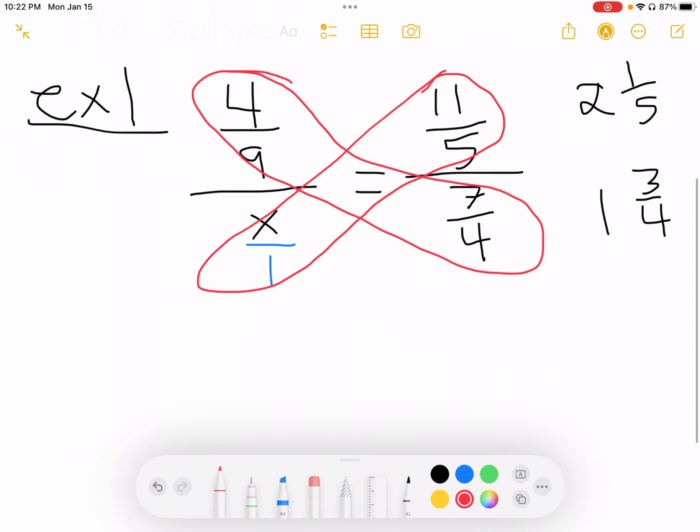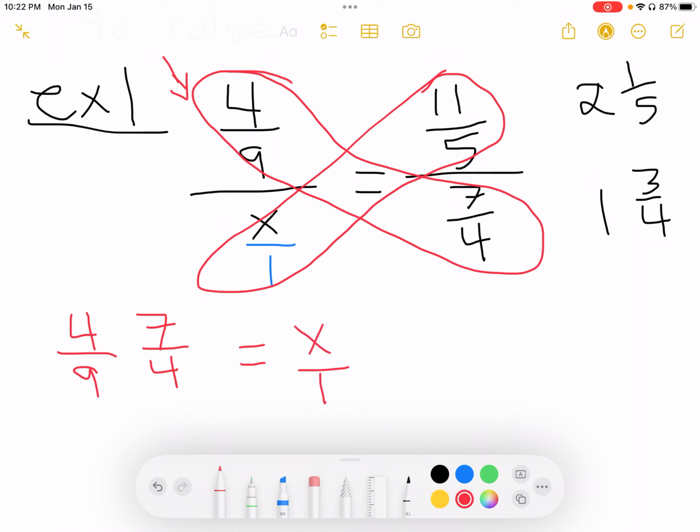So I'll do this one first. I have 4/9 times 7/4, and then I have equal to x over 1 times 11/5.